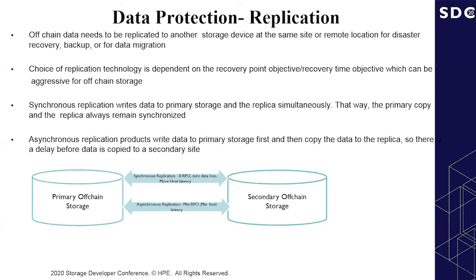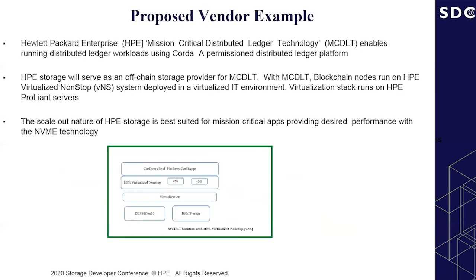Now, let's talk about the vendor example in detail and our proposed storage for off-chain storage. HPE Mission Critical Distributed Ledger Technology, commonly called MCDLT, is a solution that enables customers to run distributed ledger workloads on the highest availability enterprise platforms.